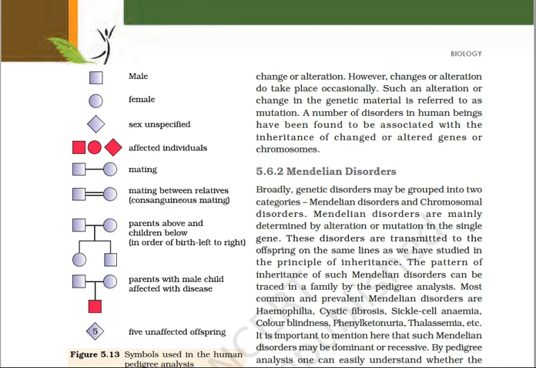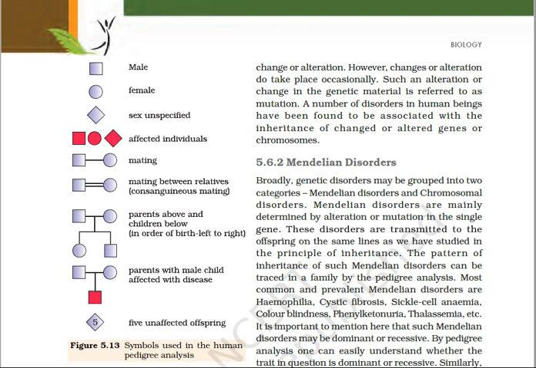So the pedigree analysis helps in many ways. It helps to predict the possible genotypes by knowing the phenotypes only. It also helps to study the patterns of inheritance of a specific trait, abnormality or disease, and whether it is a dominant or a recessive trait. The possible genetic makeup of a person for a trait can be known.